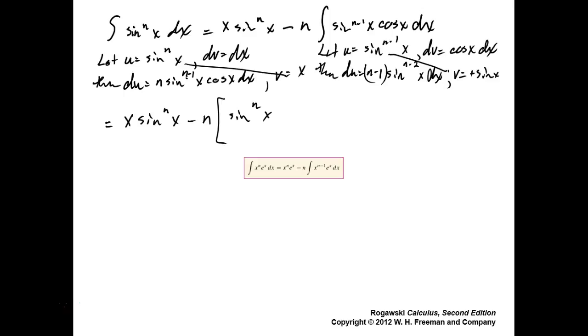So sine to the nth, minus n minus 1 times the integral of the bottom line here, and that would be sine n minus 1 of x dx, because sine x times sine to the n minus 2 x would be sine to the n minus 1 of x.